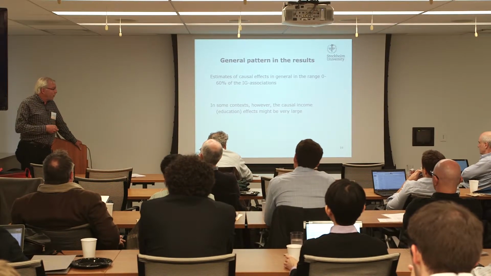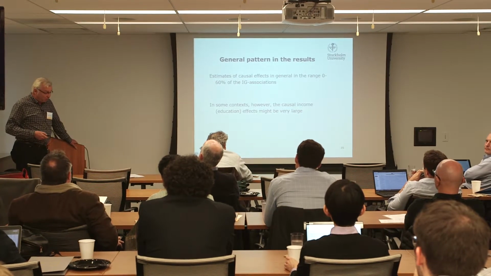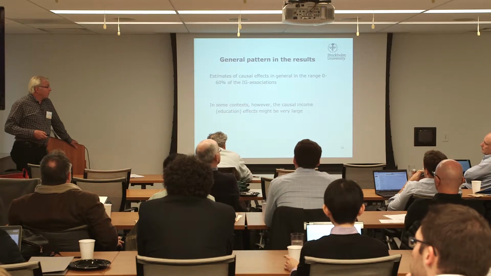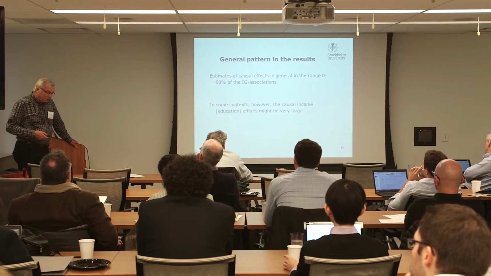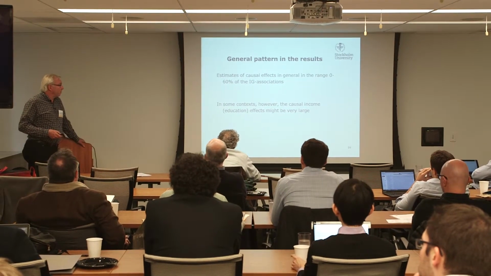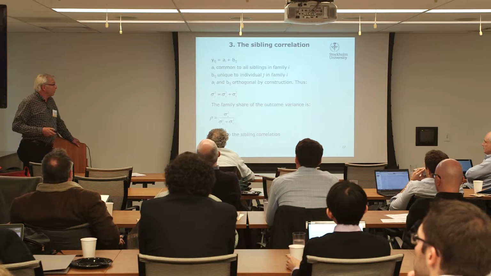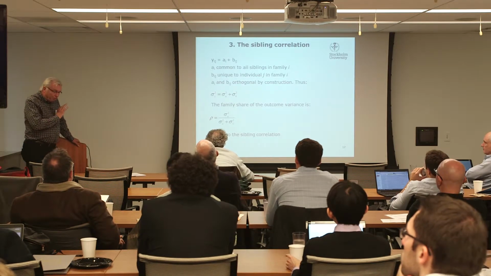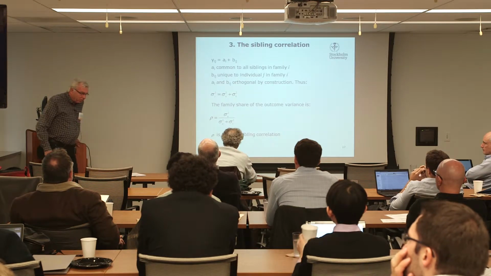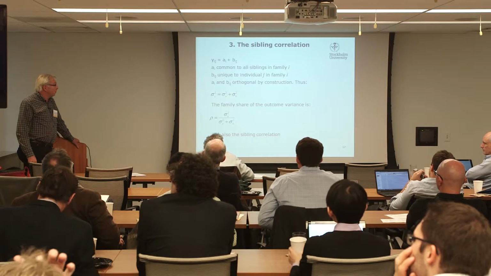That doesn't rule out that in some context the causal income effects can be very large, but the general conclusion here is that when you see these intergenerational mobility patterns, you should not consider them as causal effects in this meaning. So that's sort of a background, and now I'm coming to broader measures of the role of family background.